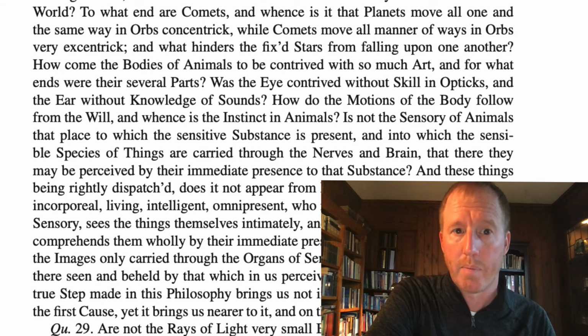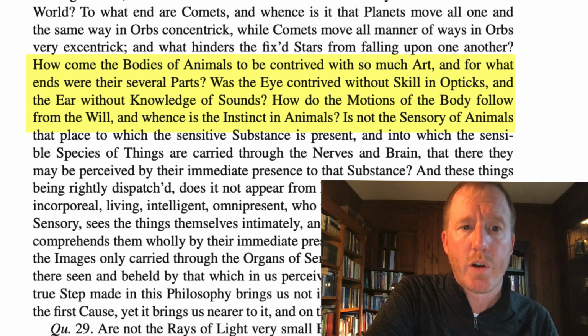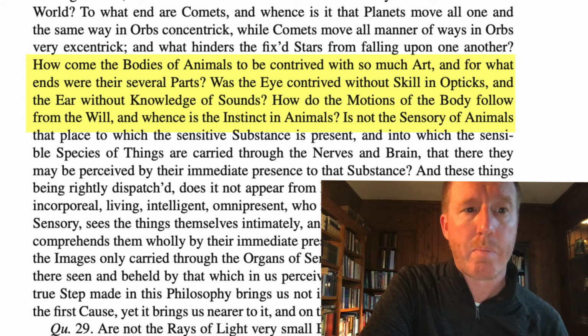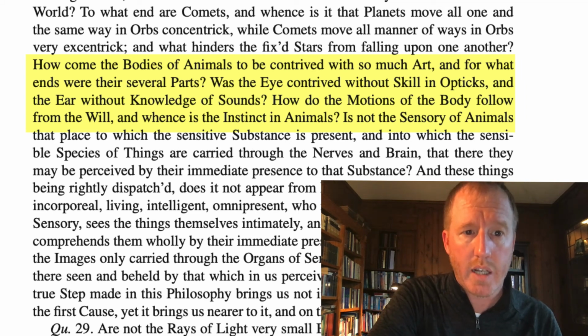What's holding them up? How come the bodies of animals to be contrived with so much art? And for what ends were there several parts? Animals seem to be designed, he says here, and they seem to be designed with a purpose. Was the eye contrived without skill in optics, and the ear without knowledge of sounds? How do the motions of the body follow from the will? And whence is the instinct in animals?